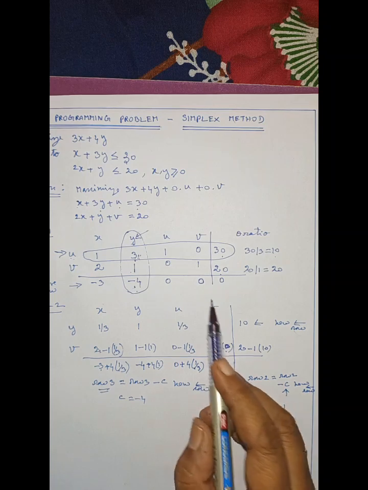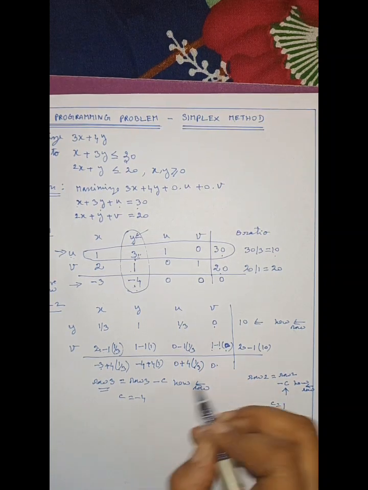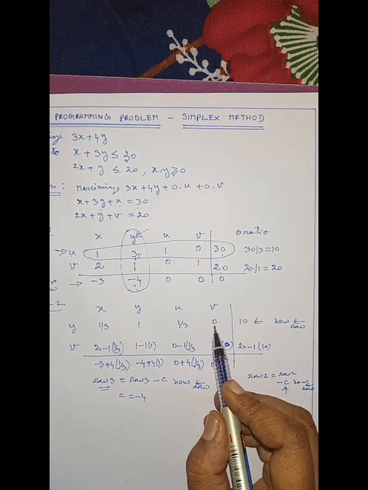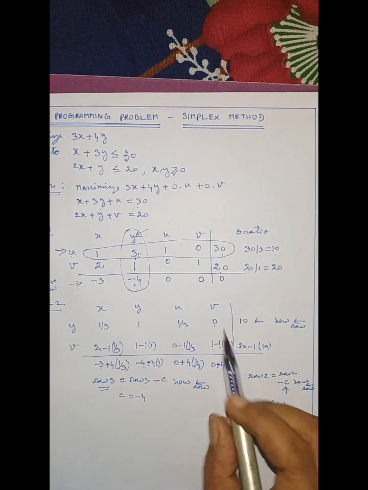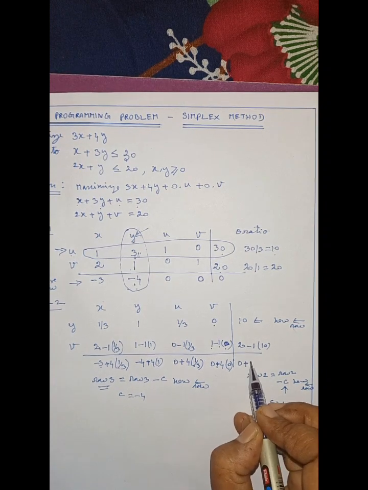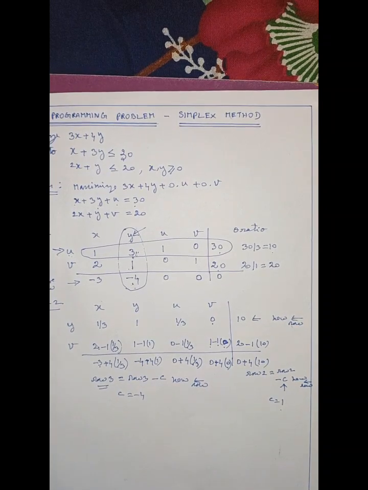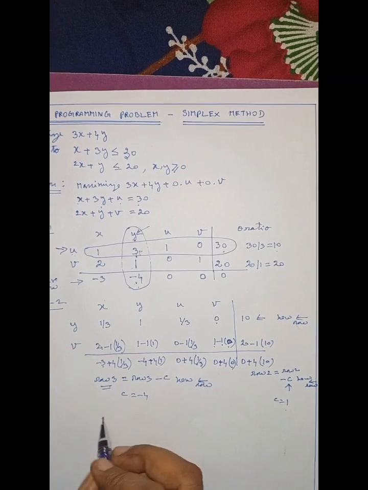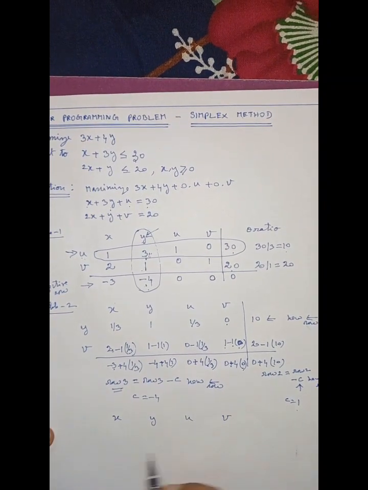The next value is the already existing value 0, minus into minus 4 plus 4 into the new row value, which is 0. And the next one is the already existing value here, 0, minus into minus 4 plus 4 into the new row value, which is 10.